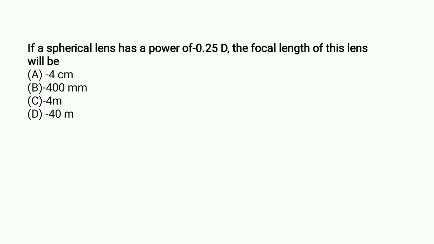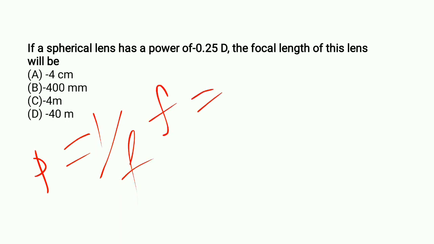Next question. If a spherical lens has a power of minus 0.25 diopter, the focal length of this lens will be, okay, we have the formula, power is equal to 1 by f, right? And they have given the power is 0.25. So here I can write f is equal to 1 divided by 0.25.